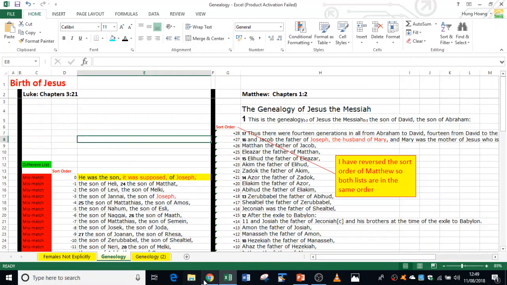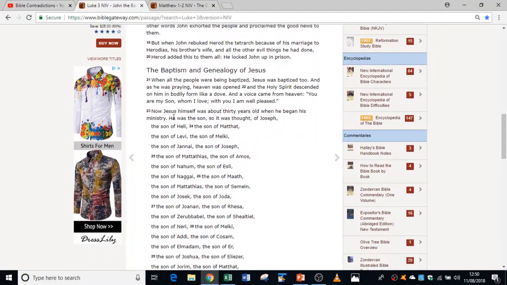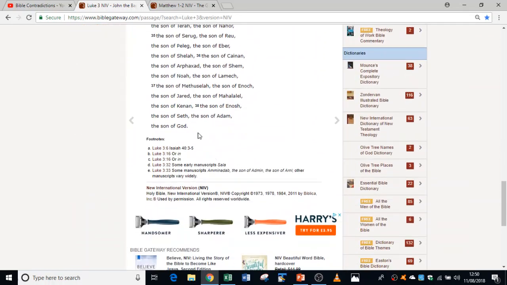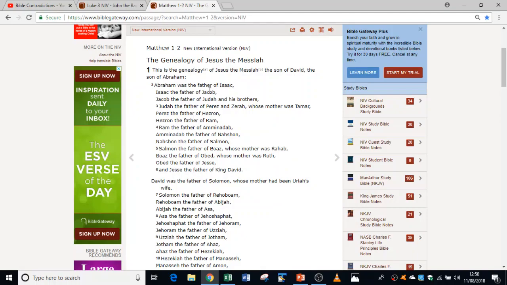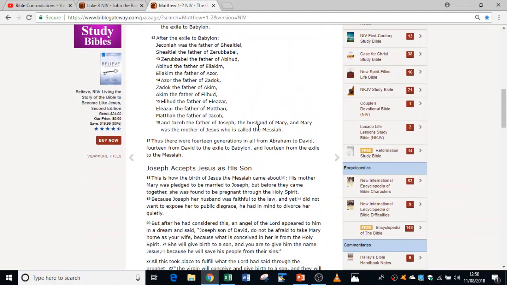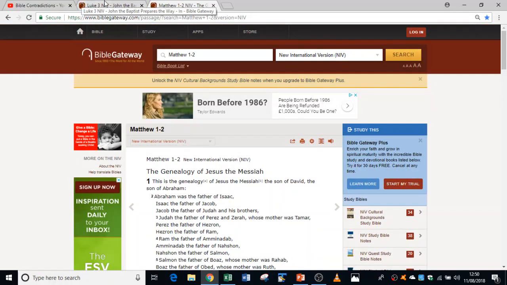So basically, in Luke, as you can see, it starts off with Joseph and finishes with God. So that list is in reverse order. Matthew starts off with Abraham and finishes with Joseph, so the list is the opposite way round.